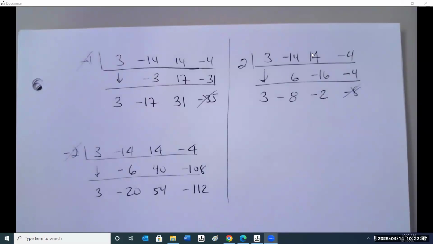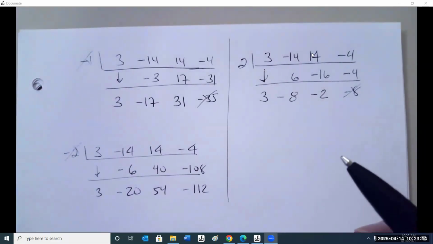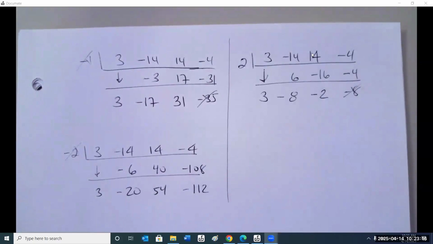But just keep on going. Yeah, 2 and negative 2 are out. So then we try, what's the next number? 4.